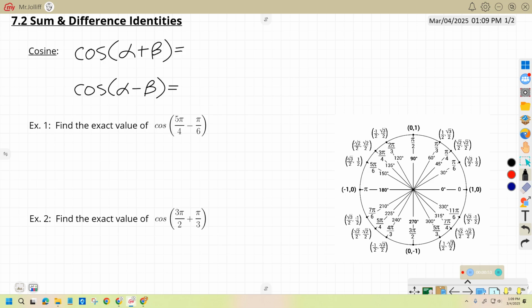For cosine, the two terms are cos alpha times cos beta and sine alpha times sine beta. And it's going to be those same two terms in the other rule. Only thing that's going to change is the operation between them.